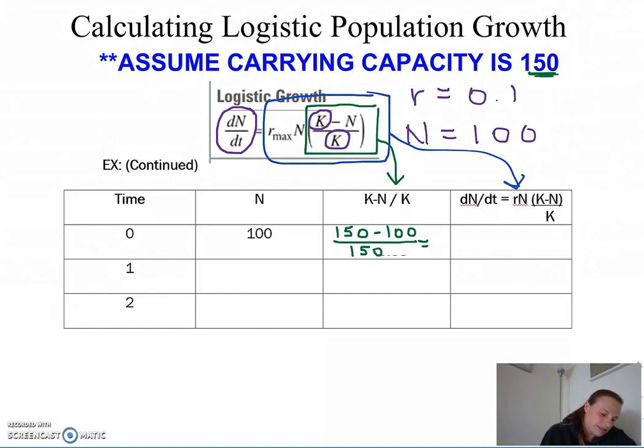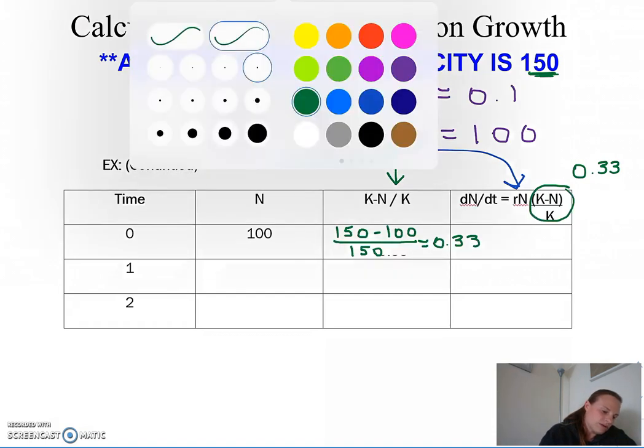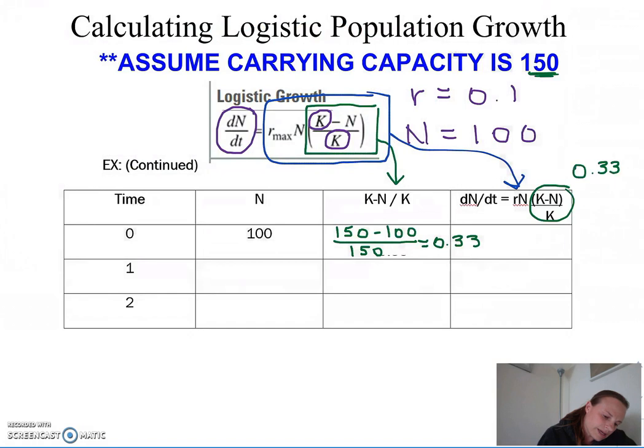And that is this value, 0.33. Now I can plug in my R value. So I can plug in 0.1 times 100 times 0.33.